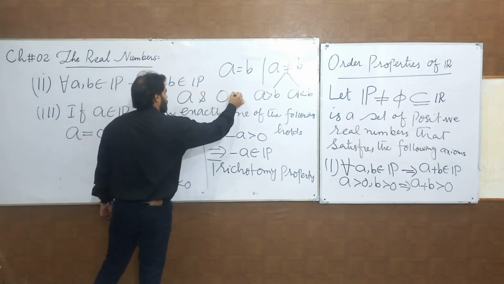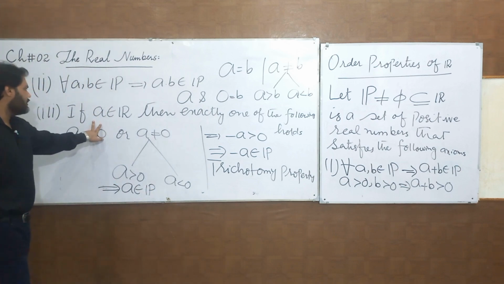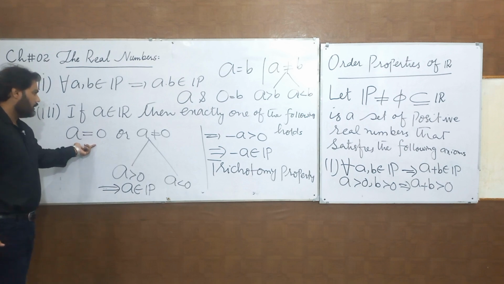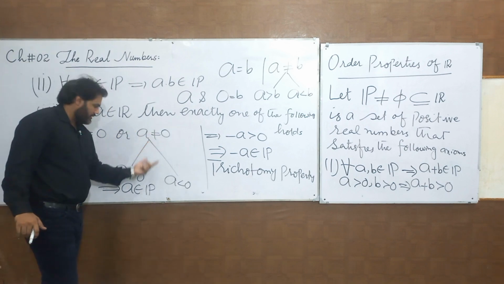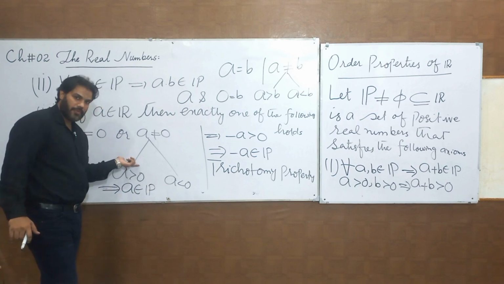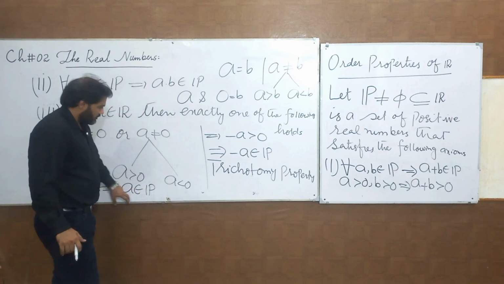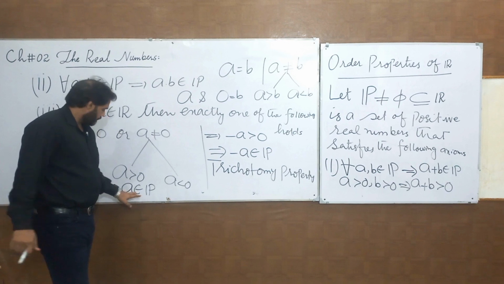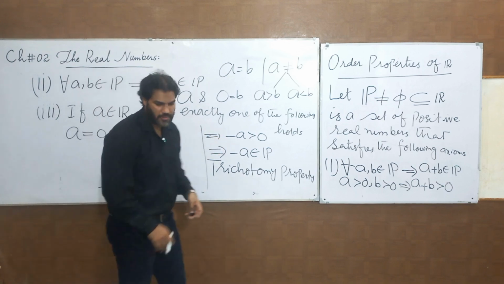So in this property, our B is 0. So if you choose any A belonging to R, then it is possible either it is equal to 0 or it is non-zero. If it is non-zero, then it consists of these two parts. It may be positive or negative. But in both cases, it belongs to P if it is positive, and in case it is negative, then minus A belongs to P.